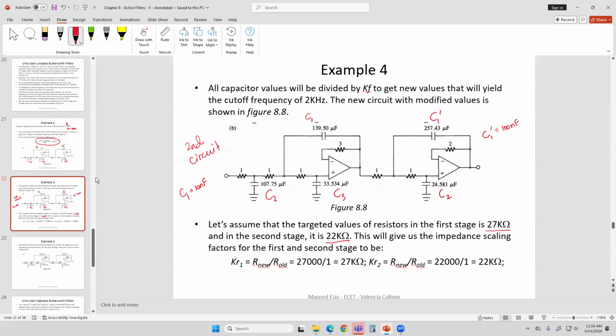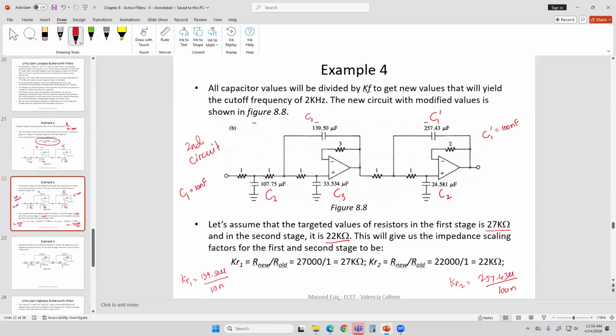For KR1, in this case, KR1 is going to be C1 old 139.50 micro over C1 new 10 nano. That's going to be KR1, and KR2 in that case is going to be C1 old, which is 257.43 micro over 100 nano, which is C1 dash.